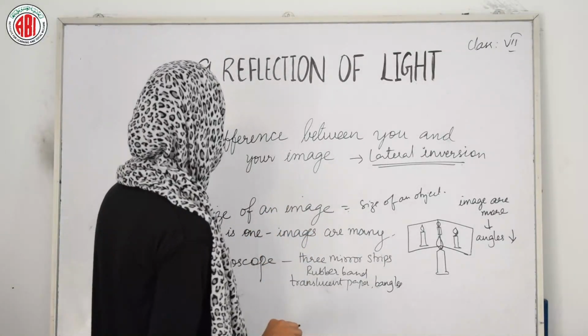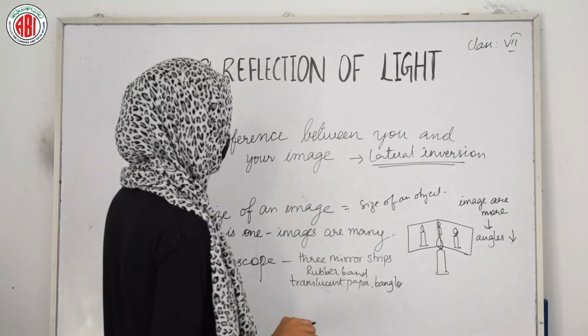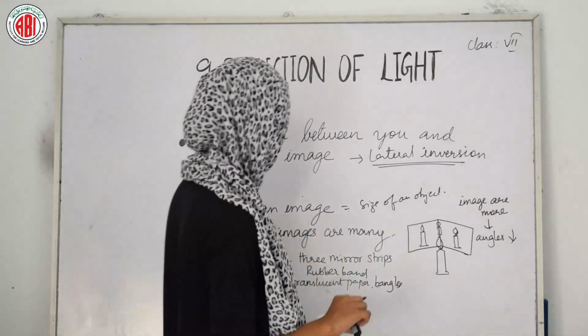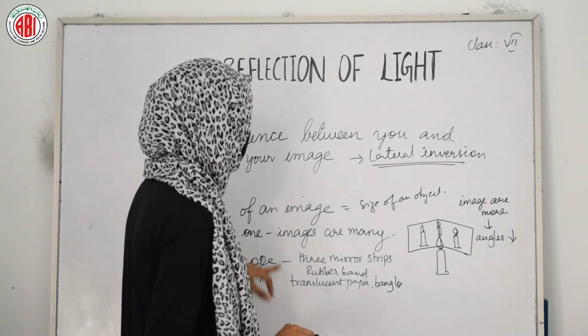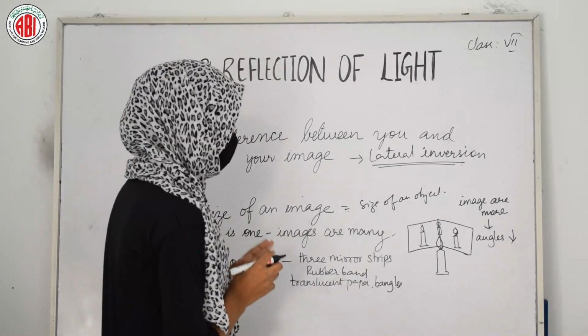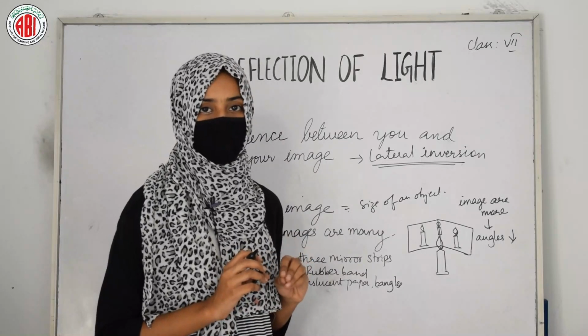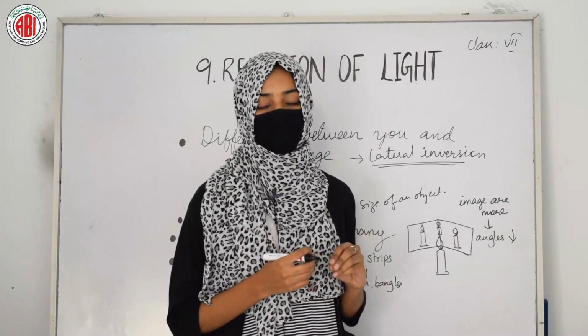The next one is the kaleidoscope. A kaleidoscope can be made using different materials, and the materials required here are three mirror strips, a rubber band, translucent paper and bangles. First, we need to take three mirror strips of the same size. Now tie them with the help of a rubber band and make sure they are tied in a triangular tube.